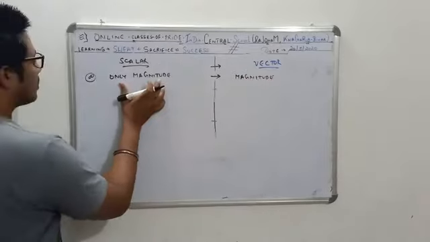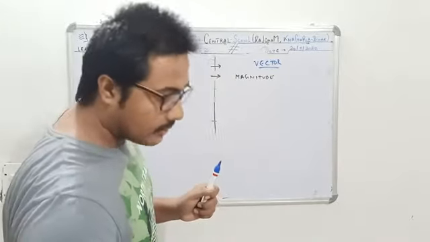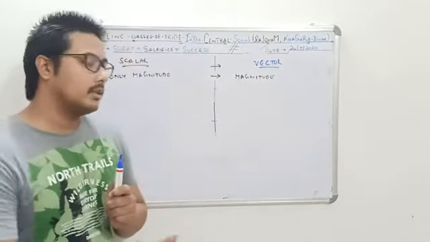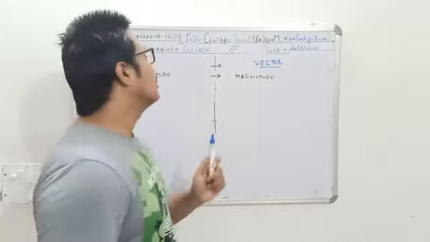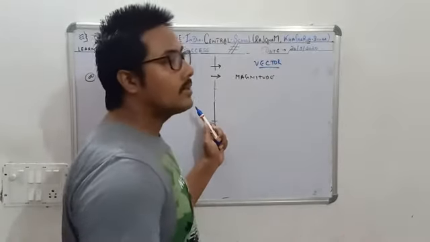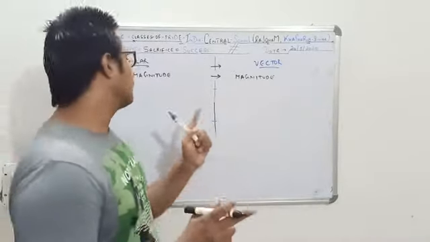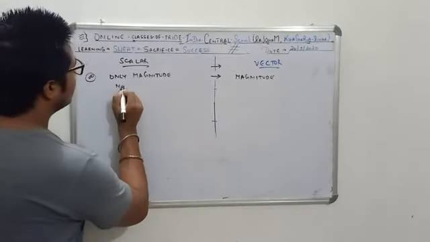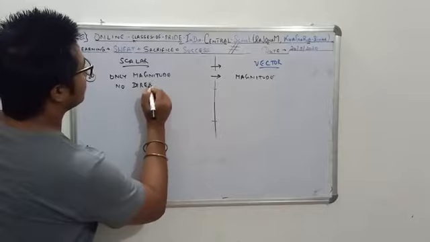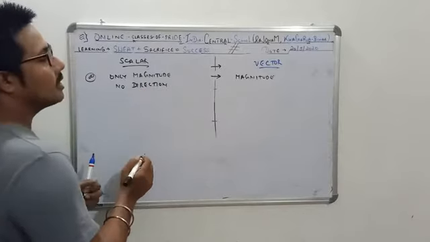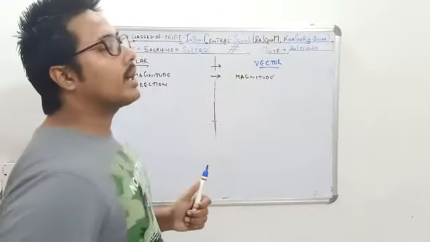But as I told you some time before, what is the main difference between distance and displacement? Distance, what? There is no direction. So in a scalar quantity, there is no direction. It's irrespective of the direction.